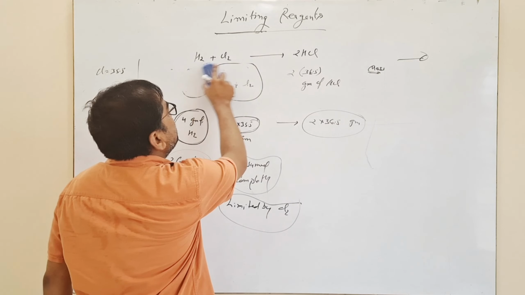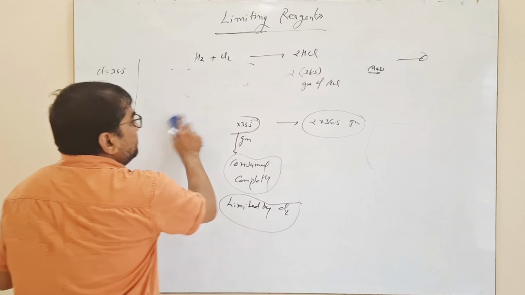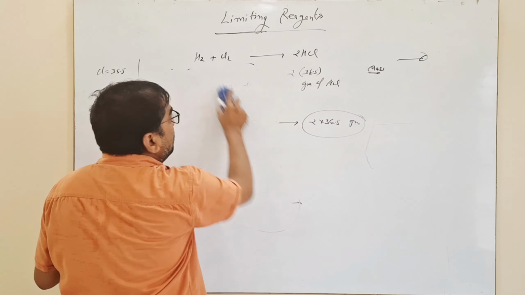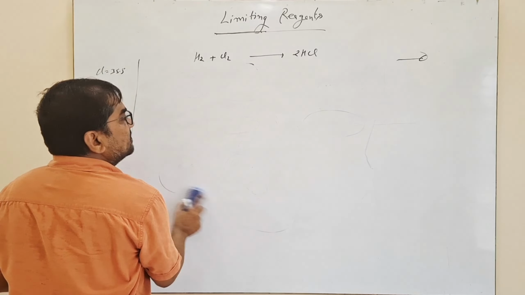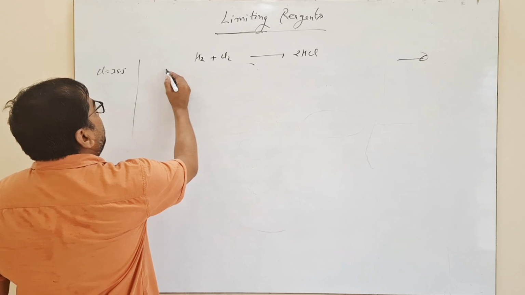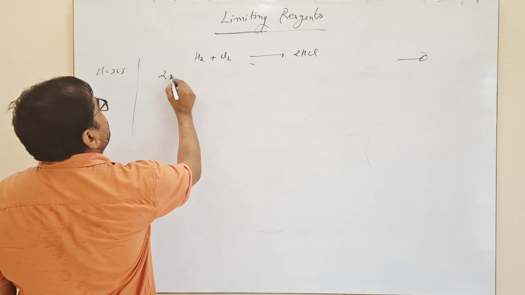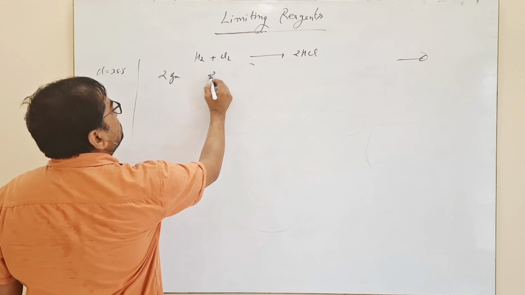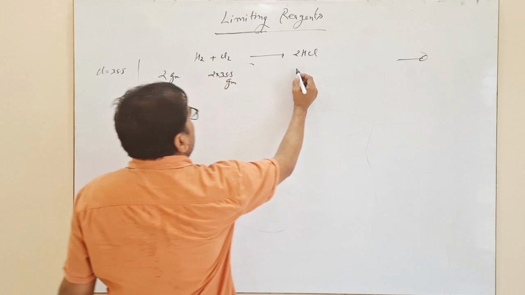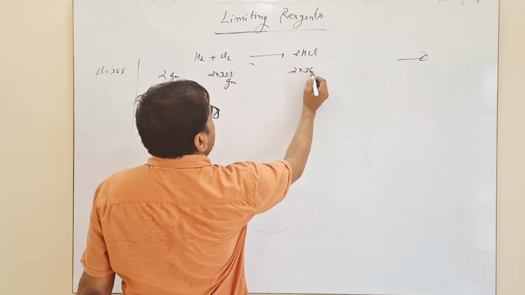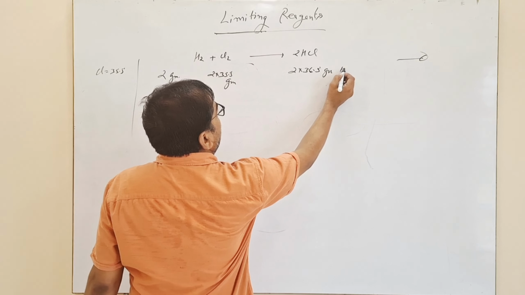Now in the same equation, if we change the amount of the reacting species, since we know the balanced chemical change shows 2 gram of hydrogen and 2 into 35.5 gram of chlorine gives 2 into 36.5 gram of HCl.